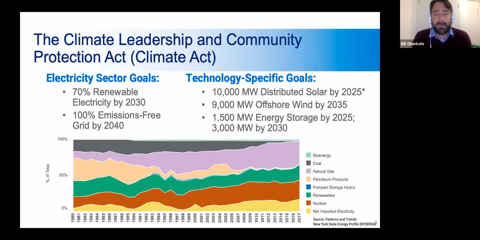In addition to that, we've got 9 gigawatts of offshore wind by 2035. And then we've got a 3 gigawatt energy storage goal by 2030 with an interim goal of 1.5 gigawatts of energy storage. And one thing that I think is important to understand, and from my experience in doing this, I find that not enough folks really do understand this.